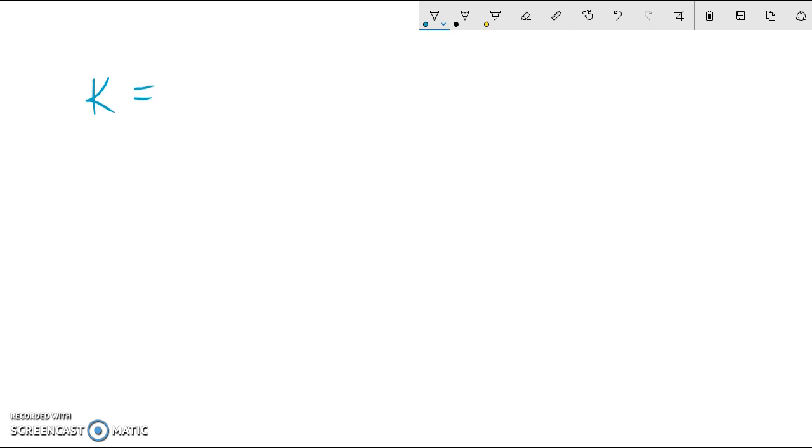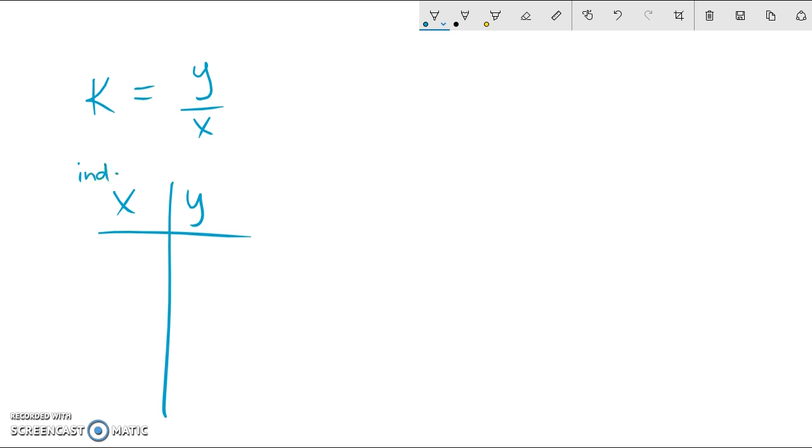So when we talk about our constant, we're going to use the letter K to represent it, and our constant is our y to x ratio. So you'll remember that we made an XY table, and our x values, those were our independent variables, and our y value was our dependent variable.